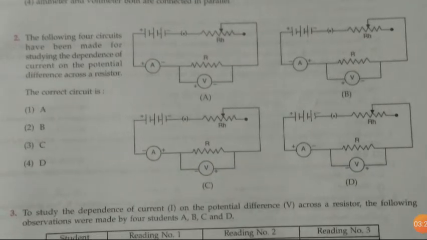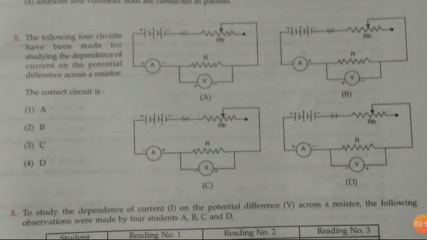Second, the following 4 circuits have been made for studying the dependence of current on the potential difference across a resistor. The correct circuit is... In the first question we have discussed that the ammeter should be connected in series and the voltmeter should be connected in parallel, as well as the polarities are very important.